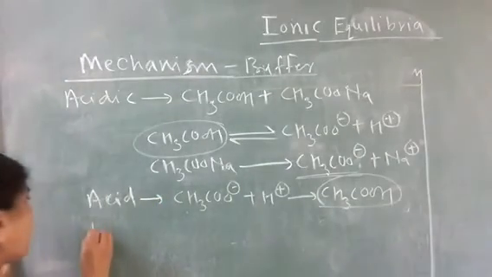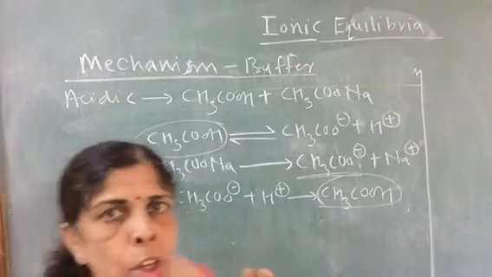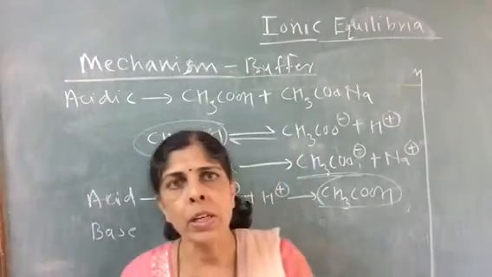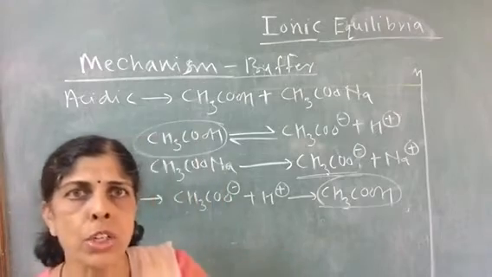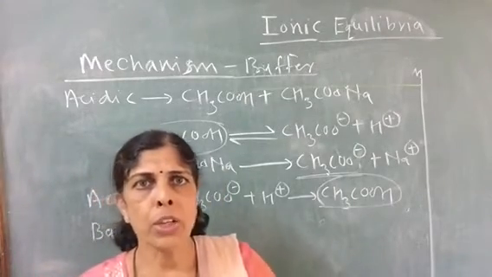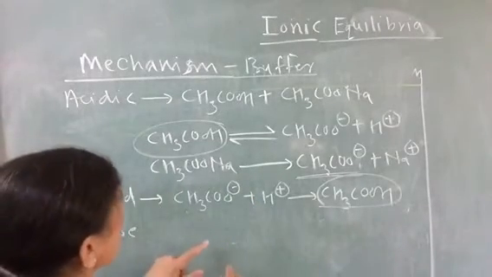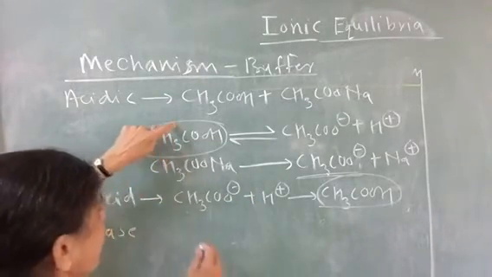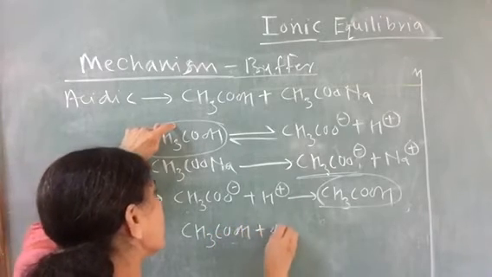If you add base, it means we are adding OH- ions. So OH- ion concentration will increase, H+ ion concentration will decrease, and pH should increase. But this OH- ion will be utilized by acid: CH3COOH plus OH-.